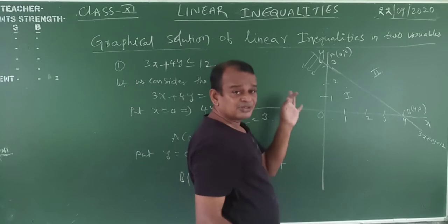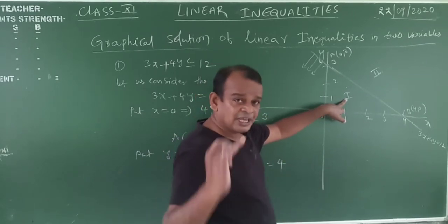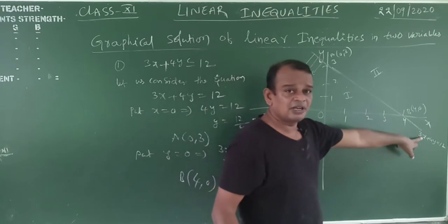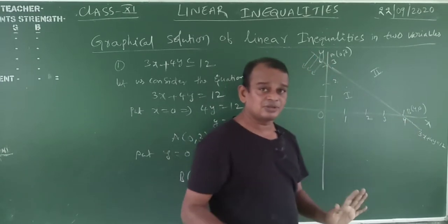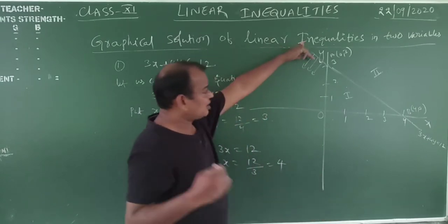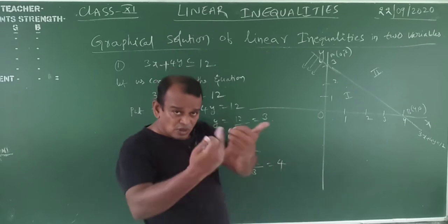The solution is region 1. In this region 1, any point we take satisfies this inequality, including the points on the line also.